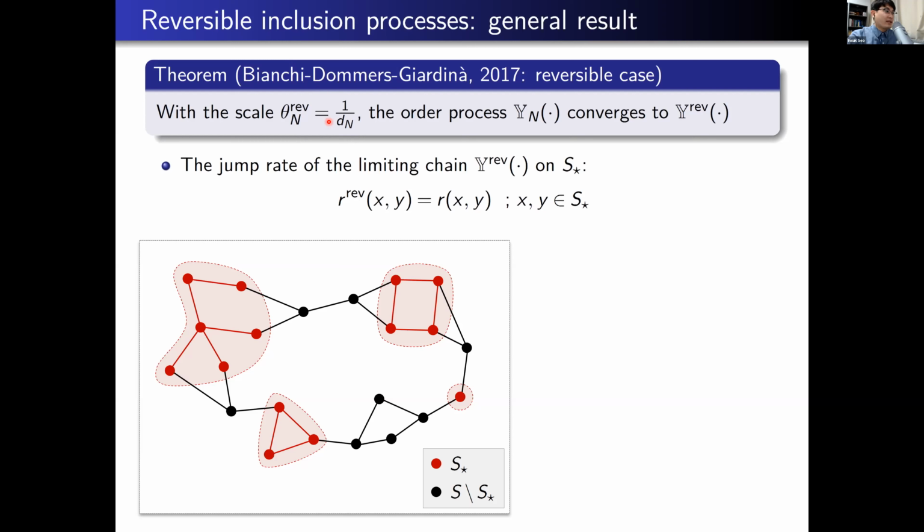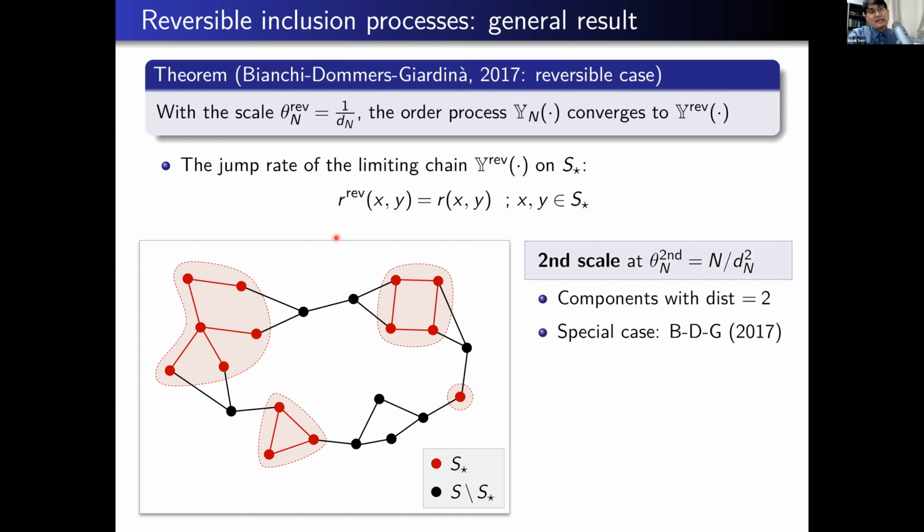What we can expect is that if you wait much longer, then you can observe a transition from this component to another component, right? If you wait much more time than this one, that is what is known as the second time scale. If you wait n divided by dn square, which is much larger than this one, then you can jump from a component to another component whose graph distance is 2.